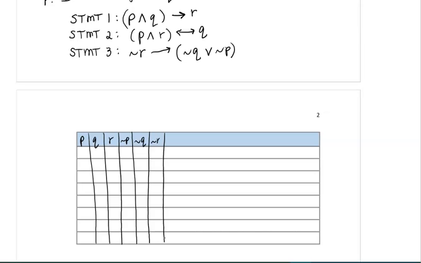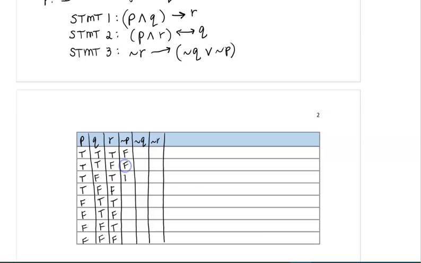So we're going to make columns for those. We're going to set these up the same way we've always done in previous videos. We want to ensure that we hit every possible combination of true and false for the simple statements.